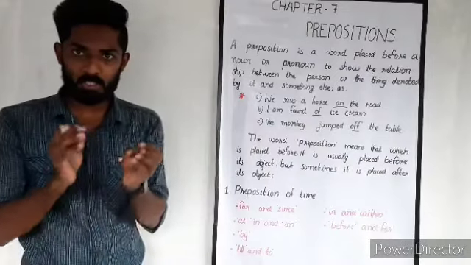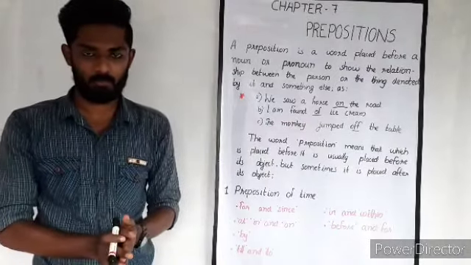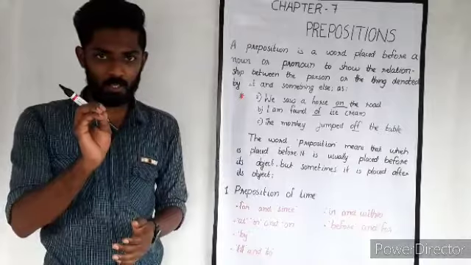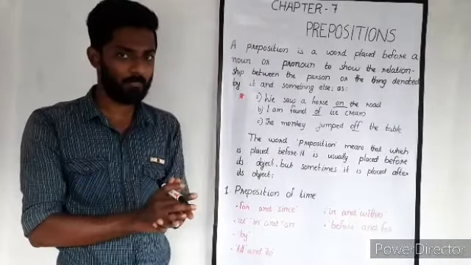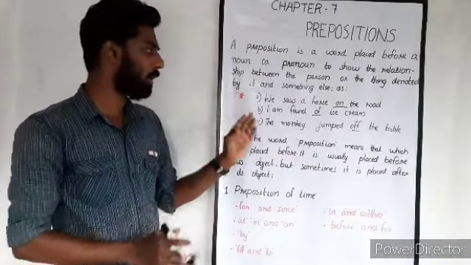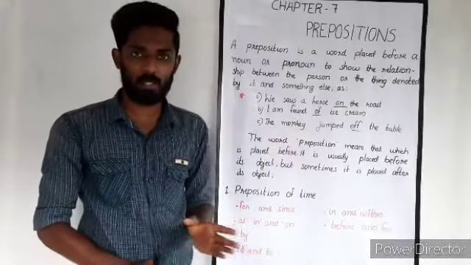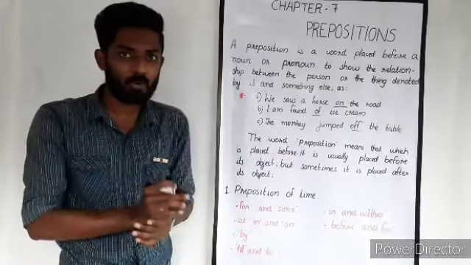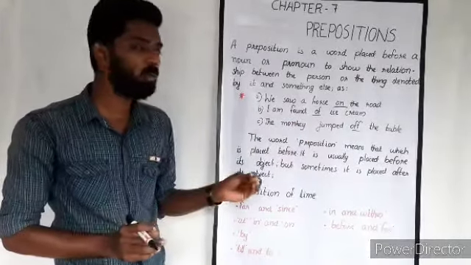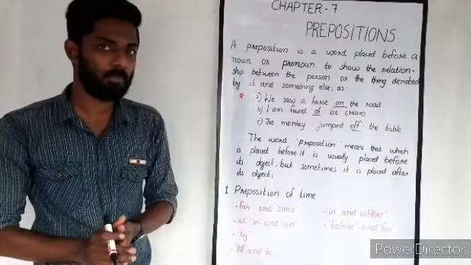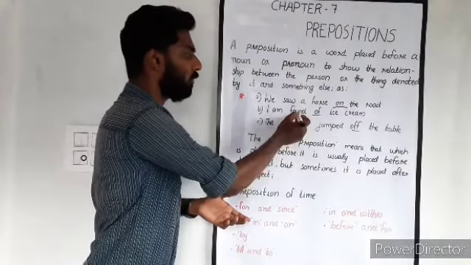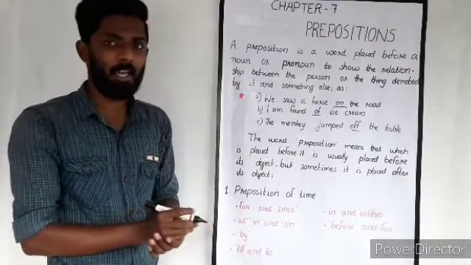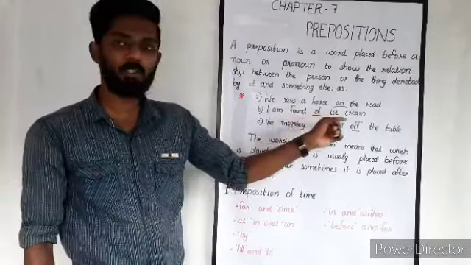It joins these two nouns. I think you got what I said. The second one: I am fond of ice creams. Here the preposition joins a noun to an adjective. The word fond is an adjective and the preposition joins it to a noun.